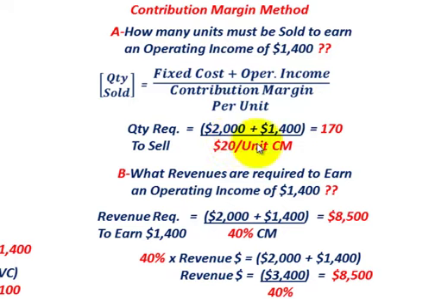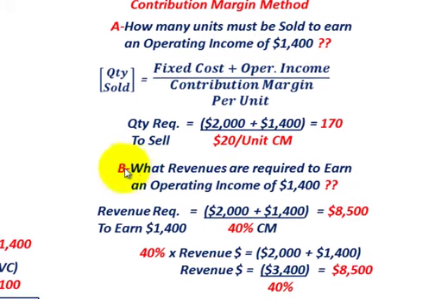So you just divide everything out, and you come up with the 170 units that we had to sell, which is the number of units we've been following through in this problem. Just remember: fixed cost plus operating income, divided by the contribution margin per unit, equals the quantity you have to sell to earn a certain operating income.